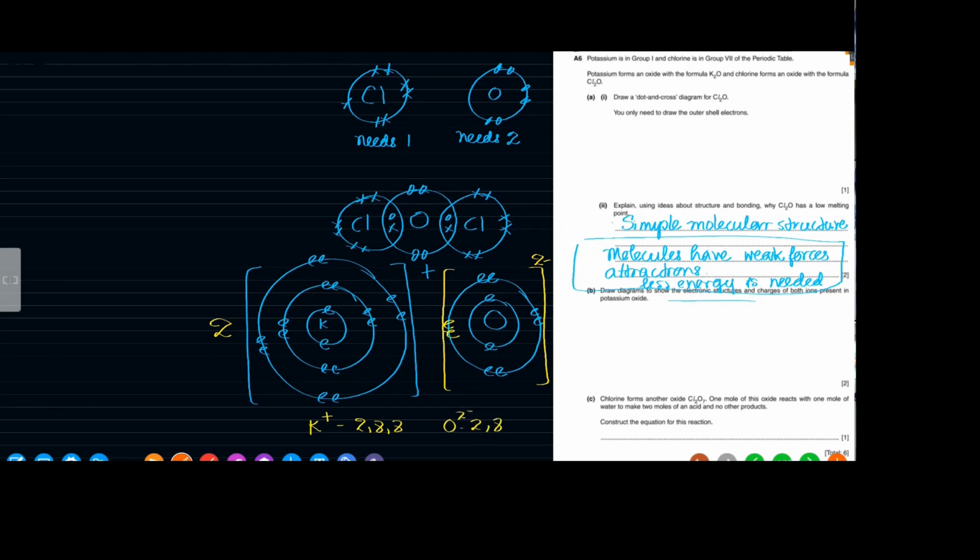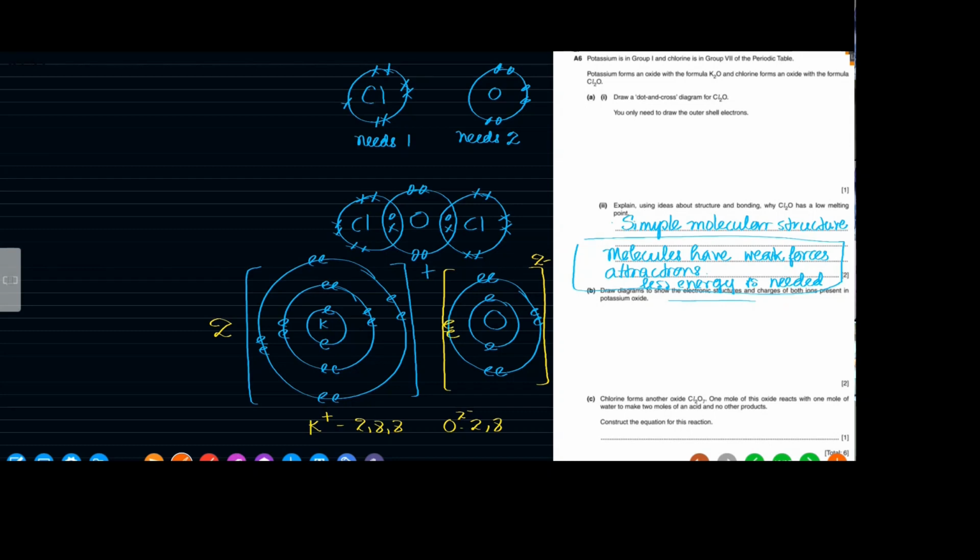So that's the answer. How are the marks allocated? Potassium ion with the charge 1 mark, oxide ion 1 mark.